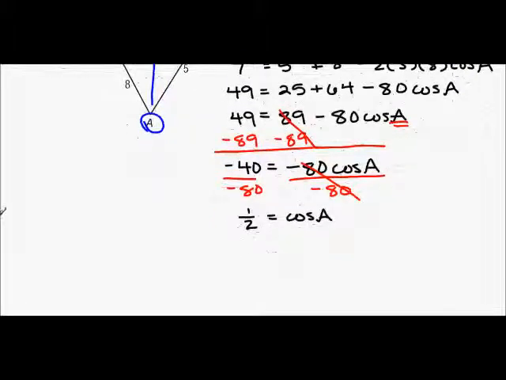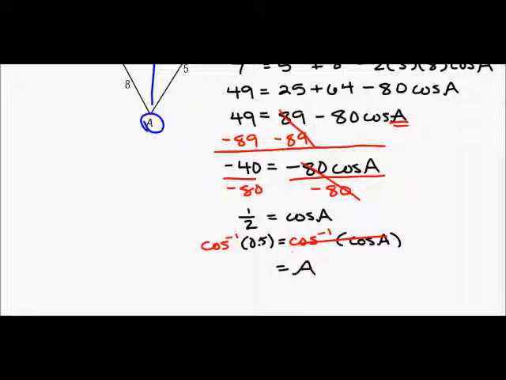And you should hopefully remember from lesson 3, the way to undo cosine is with arc cosine. So I'm going to say arc cosine of both sides. So arc cosine of 1/2, or 0.5, equals arc cosine of cosine of A. So these cancel, and I get, let's see, in my calculator, what happens here.